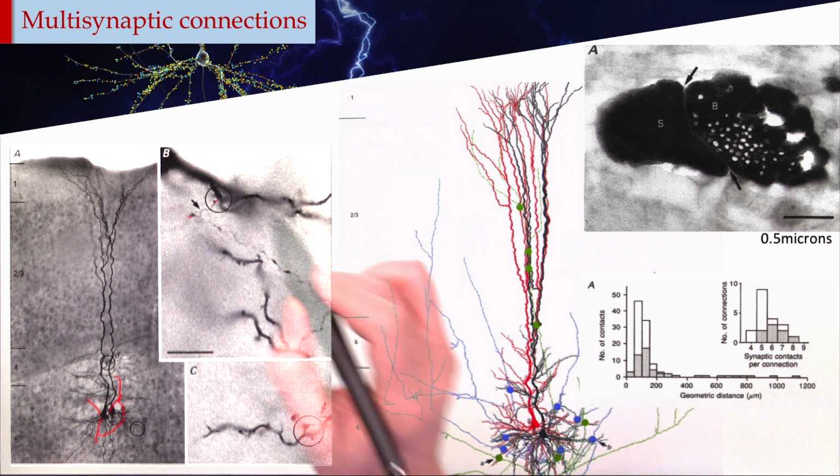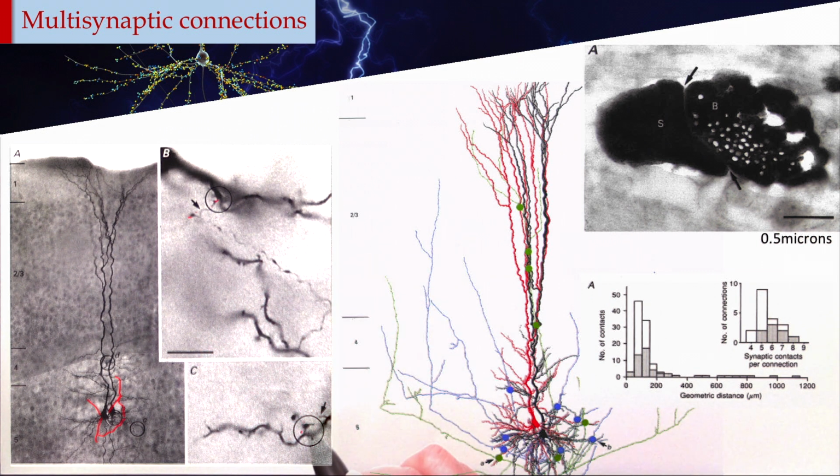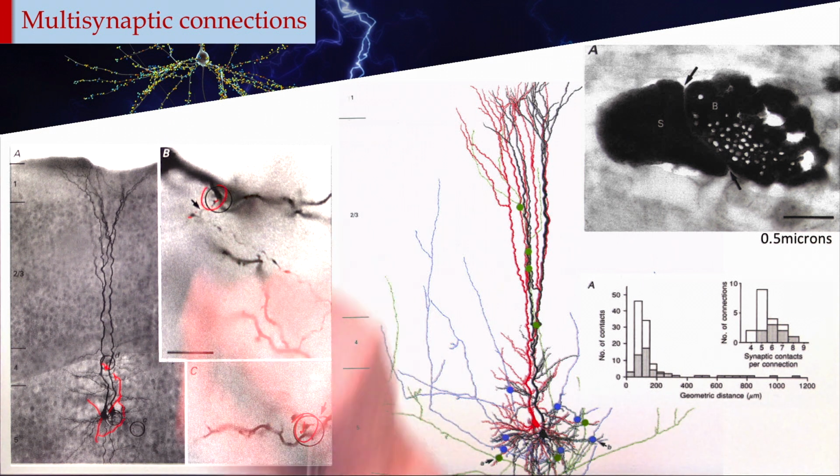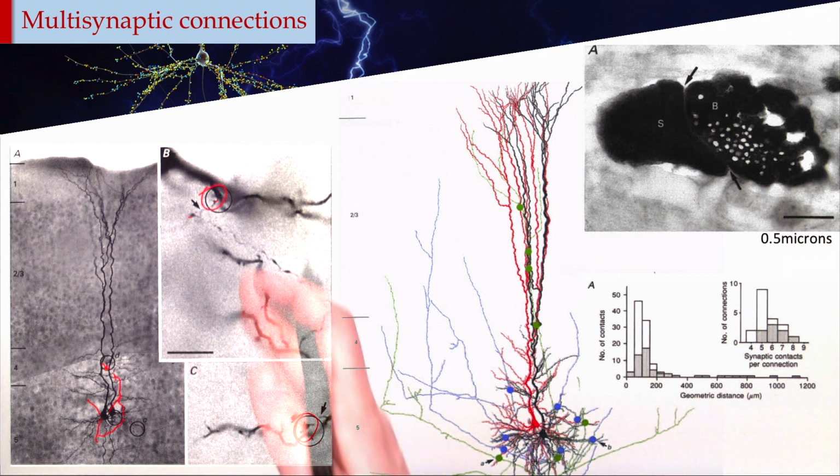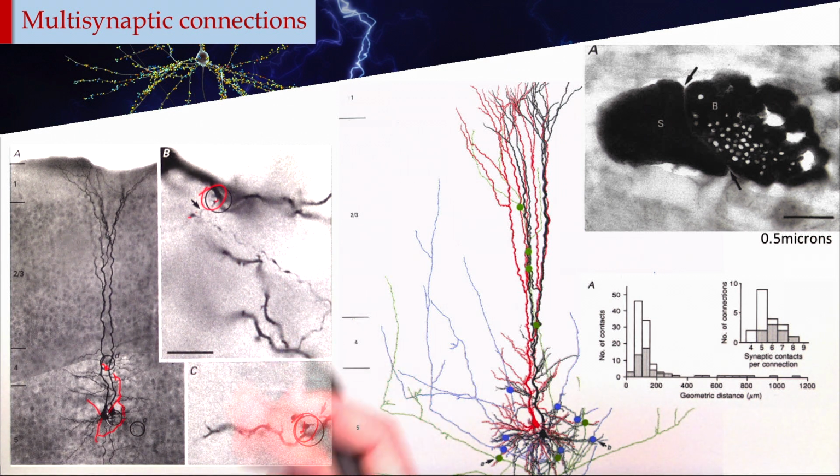You can follow them, and you can identify where the axon is touching the dendrite of the other cell. And these areas are what we call putative synapses, because at a light microscope level, you can't identify whether it's a real synapse or not.